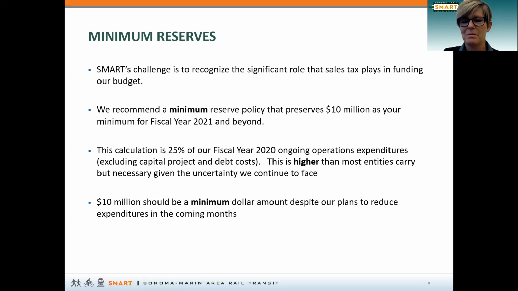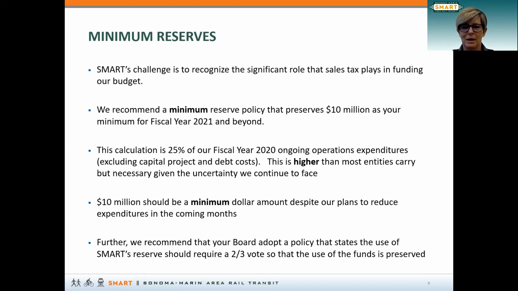We want to keep that minimum floor given all of the commitments we have and the operations we're trying to maintain. We also recommended the board consider a higher vote percentage for changing the reserves or tapping into the reserves, which is a practice of several entities and considered a good way to protect those reserves from being used in the future.